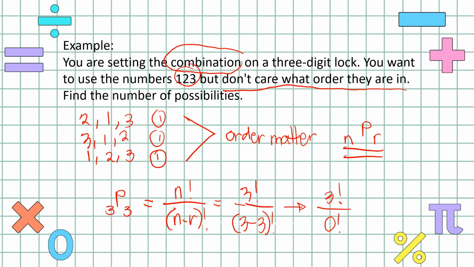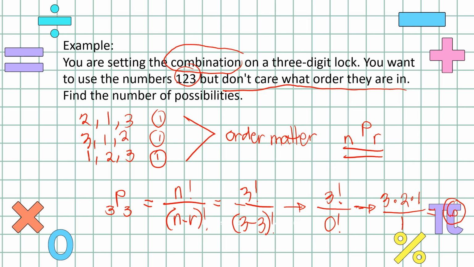So what is 0 factorial? 0 factorial is simply 1. So we'll just have 3 times 2 times 1 over 1, and 3 times 2 times 1 is a total of 6. So there are 6 possible outcomes that we can have in this problem.